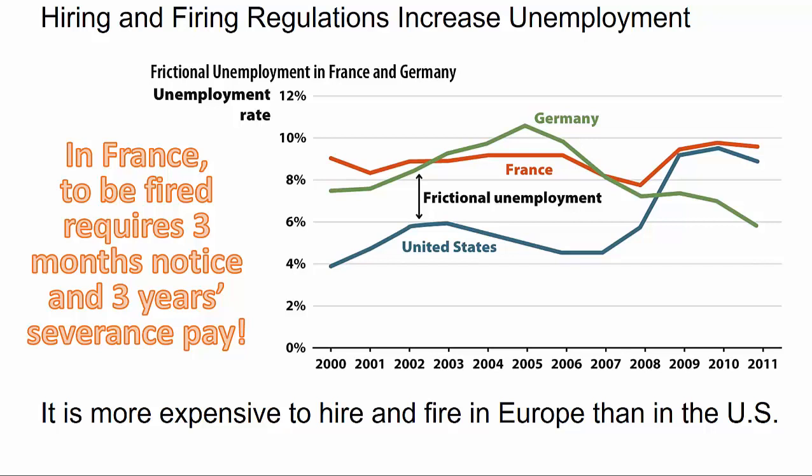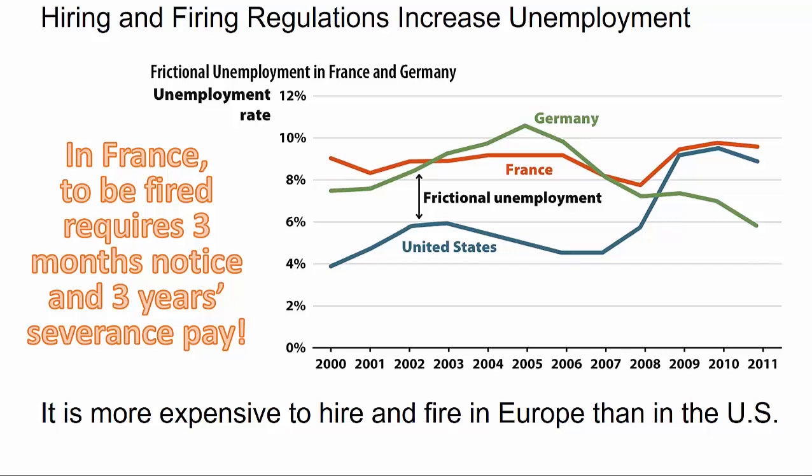Here's what I was talking about with unemployment insurance affecting the unemployment rate. In the U.S., we typically have an unemployment rate between 4 and 6% when the economy is strong. When it's weak in a recession, then you'll typically go above that 6% mark. If you look at some European countries, their normal unemployment rate is more like between 8 and 10%, and then when the economy's worse, it would get worse.